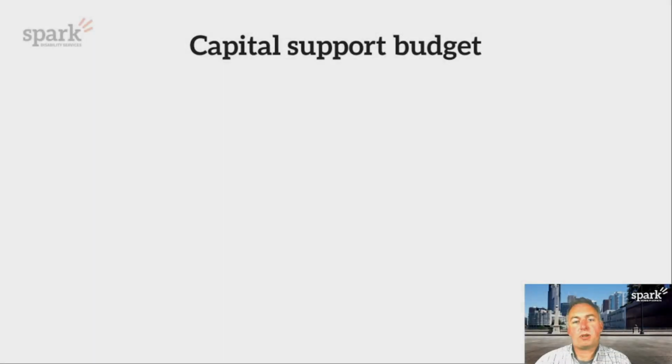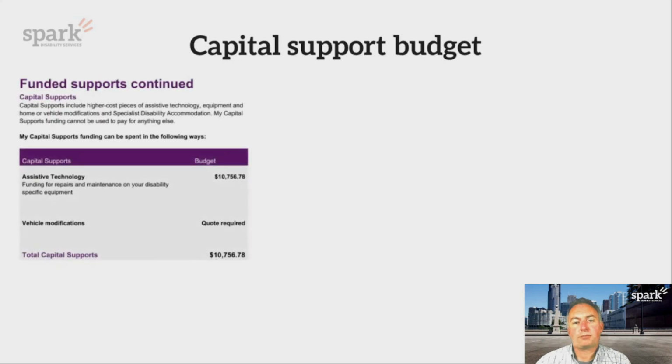The final support budget is the capital support budget. In our example here, this person has some funding included for assistive technology and also for vehicle modifications.